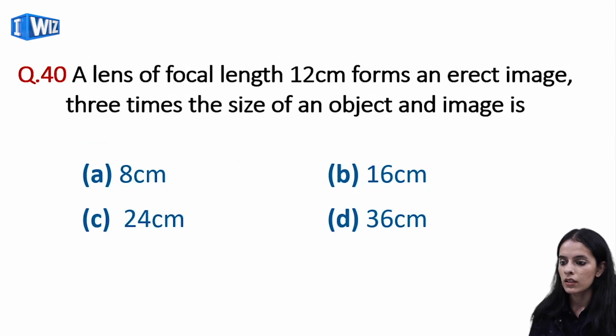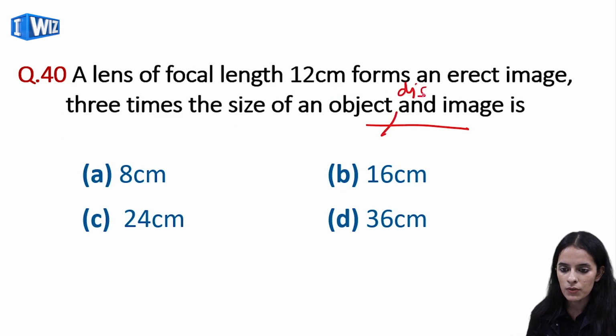Next, a lens of focal length 12 centimeter forms an erect image 3 times the size of an object. You have to find the distance between object and image.